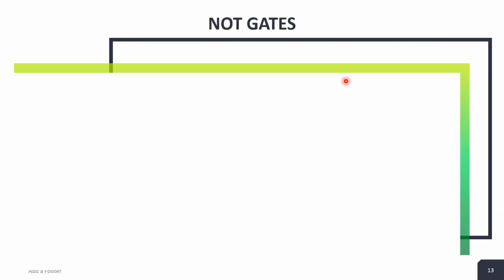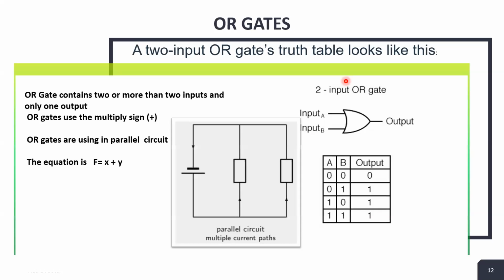Okay. And the next, third basic gate is the NOT gate. Let me first do a little something here.